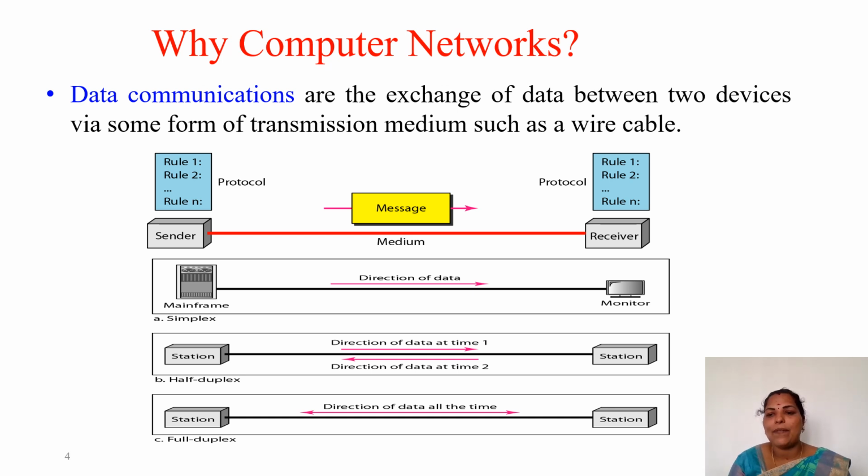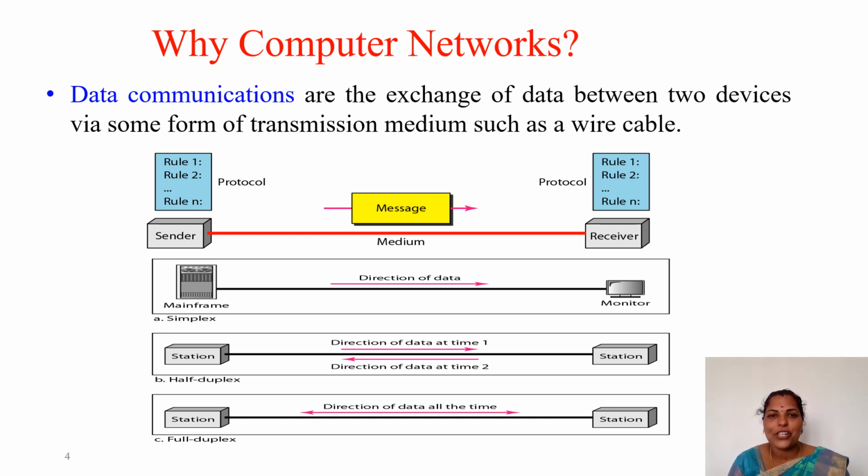Then the postman will collect all those things, and by seeing the destination address, the letter is passed and given to the receiver. But nowadays, all of a sudden, if you want to communicate with another person, we can communicate. So mainly the need for computer networks is for data communication.